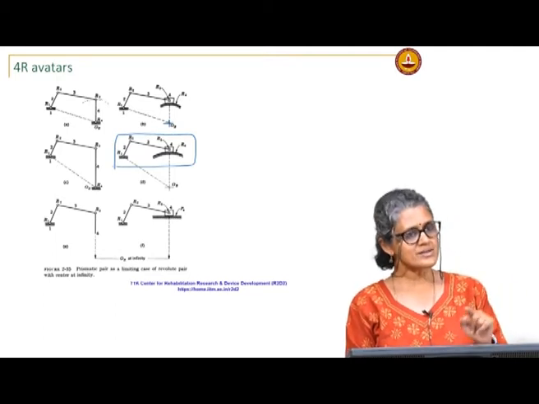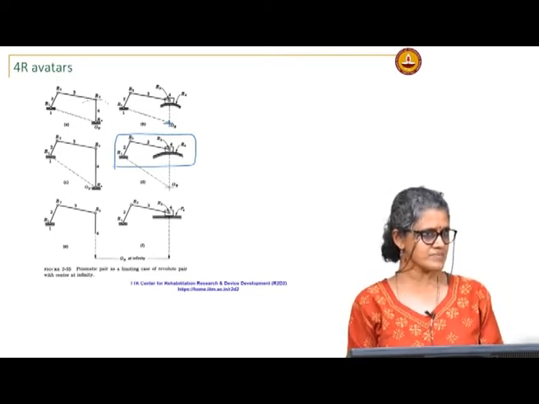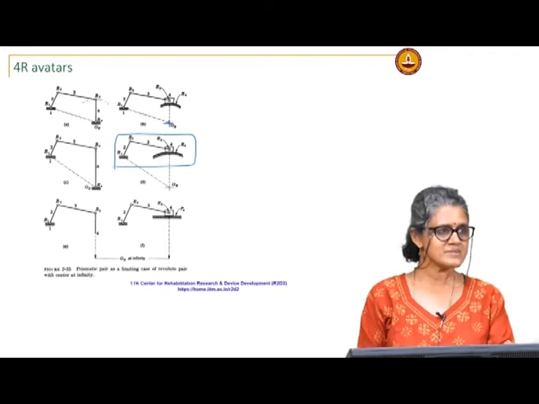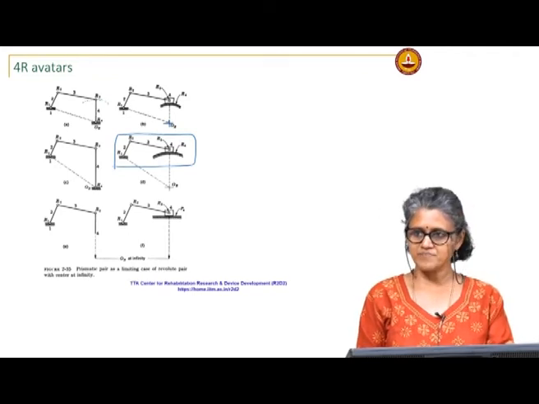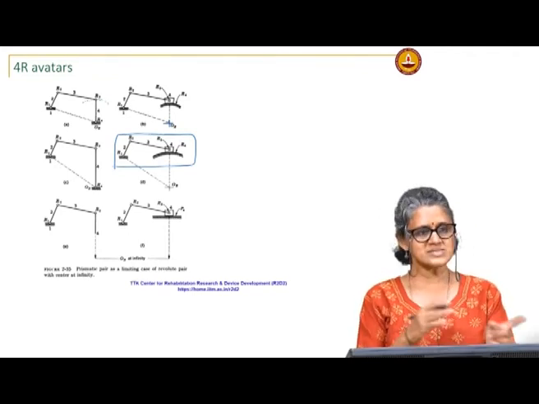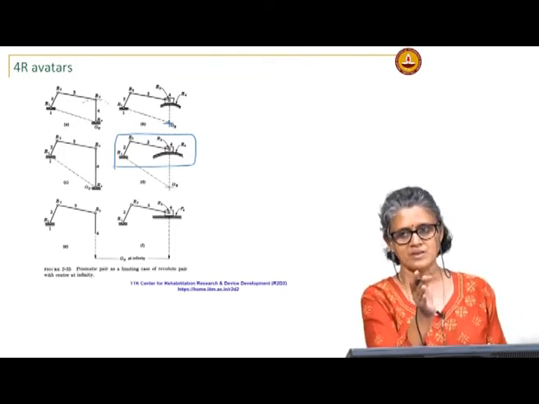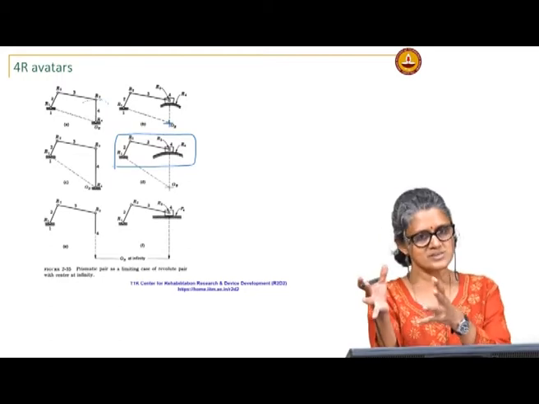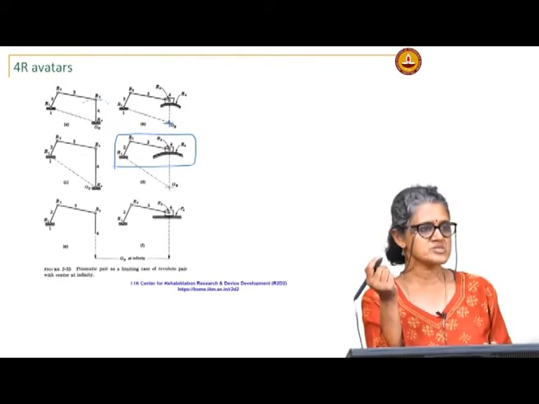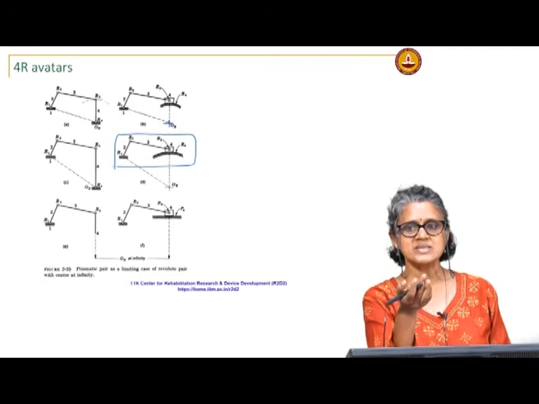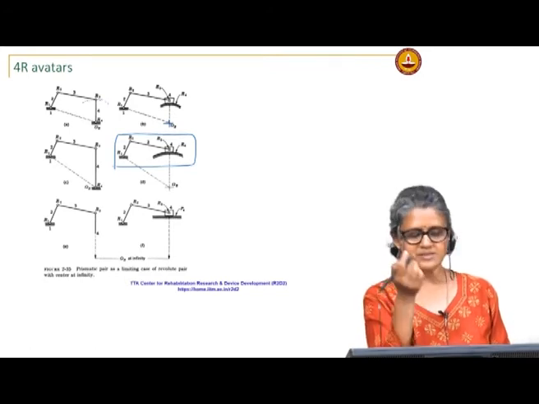But when you look at the kinematics of it, you are essentially looking at what is on the left hand side. Okay. So, it makes analysis simpler when you are able to identify the 4 bar in something that appears more complex. It makes the analysis a lot easier.